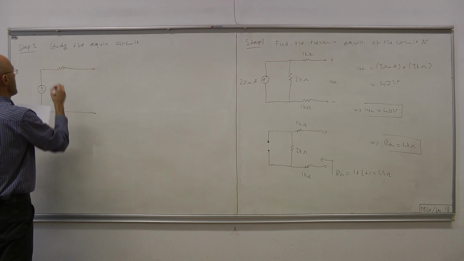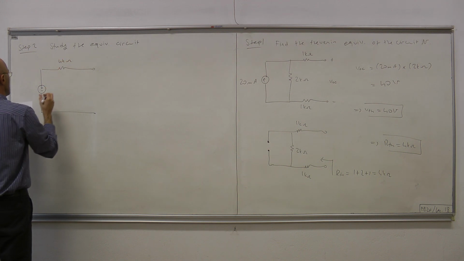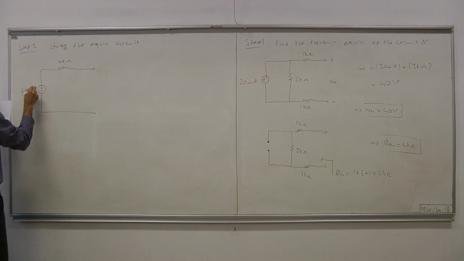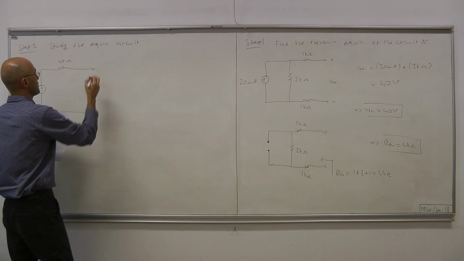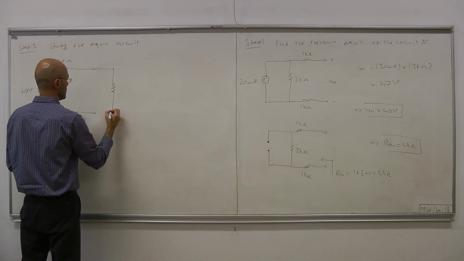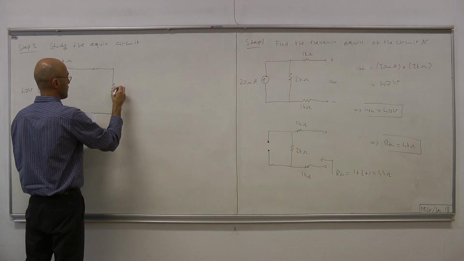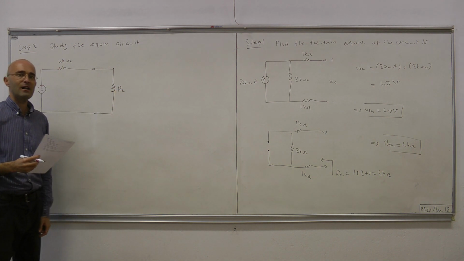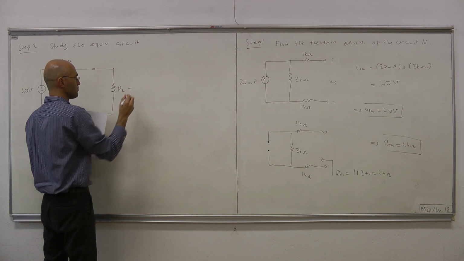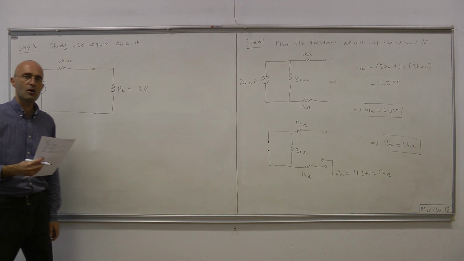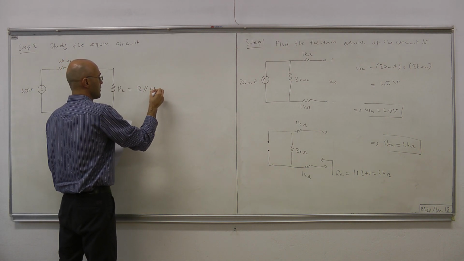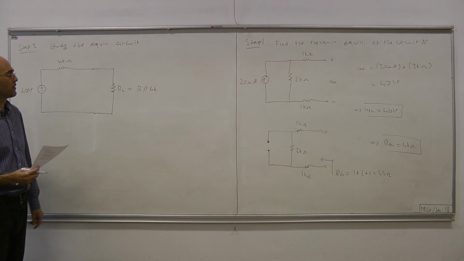Here we have 4K, and here we have the Thevenin voltage, which is 40 volts. And to this, we have the load connected, R_L. And what's R_L? R_L is our design parameter R connected in parallel with a 6K fixed resistor.